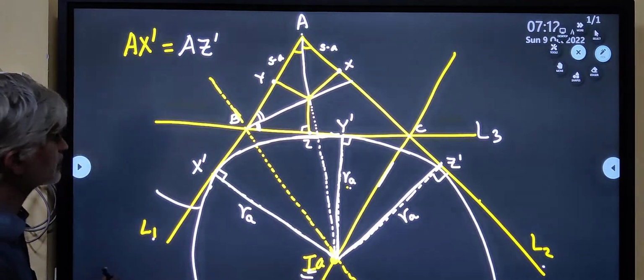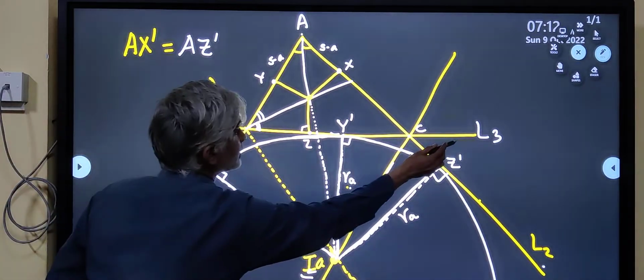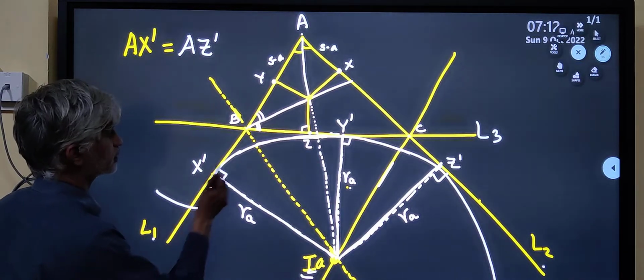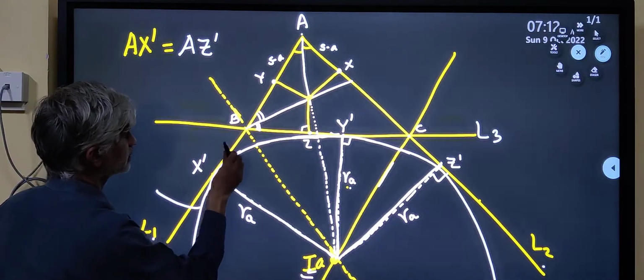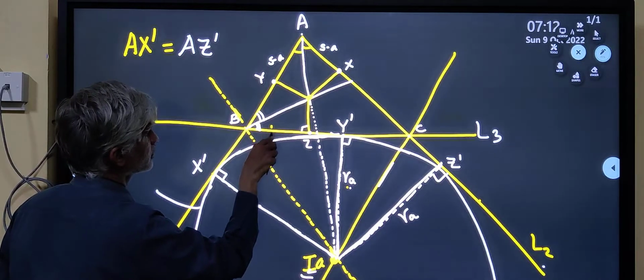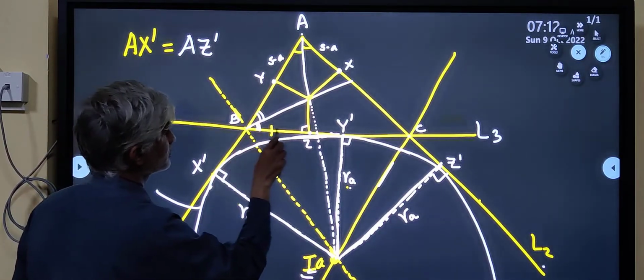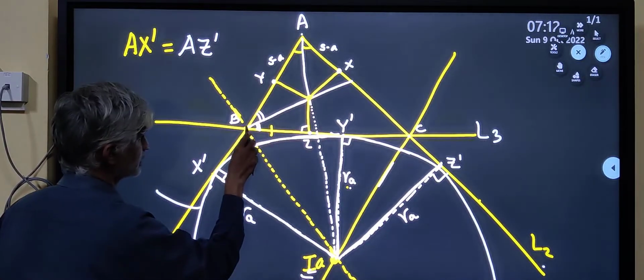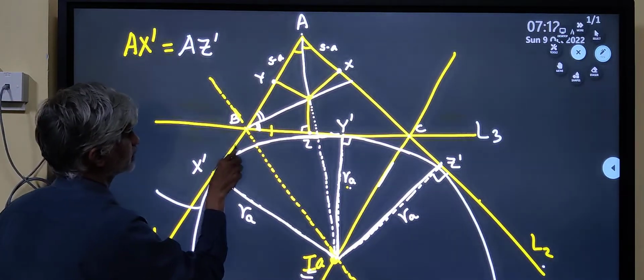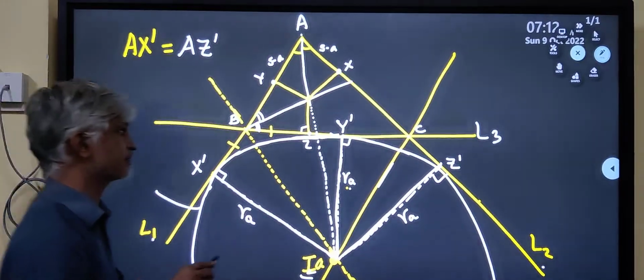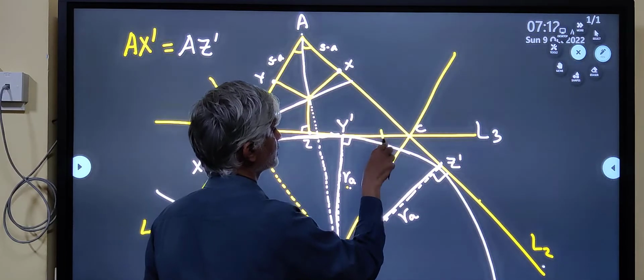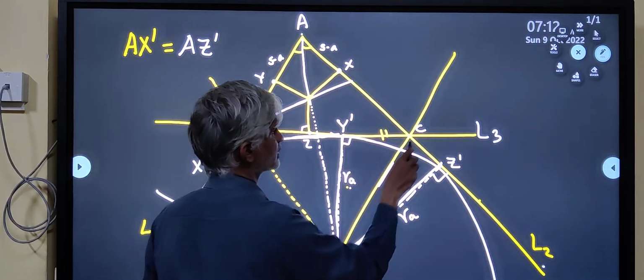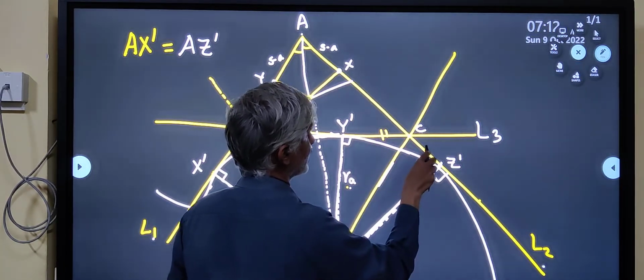The second thing is that because line L3 and L1 are also tangent to the circle, this length BY dash is equal to BX dash. So these are also tangent segments, and similarly on this side CY dash is equal to CZ dash.